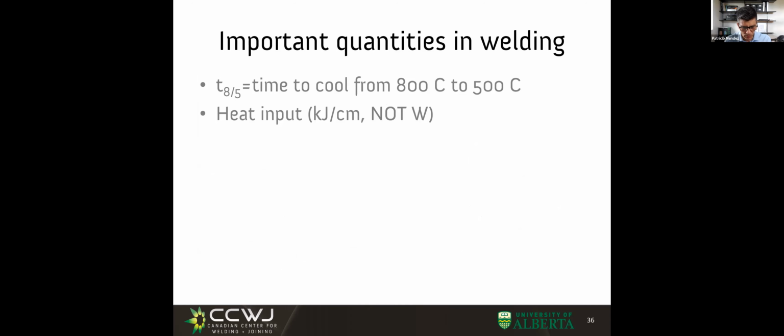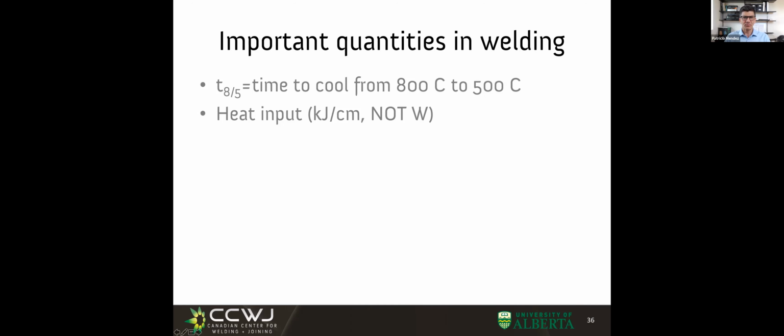I want to dwell very briefly on two important quantities. These are two terms used in welding, which we'll be using a lot when we get quantitative, studying the mechanisms of welding. One is called T85, and this T85 is a concept that applies only to steels. It's the time to cool from 800 degrees C to 500 degrees C. The reason they pick those two temperatures is that the austenite decomposition, nominally in the iron-carbon phase diagram, is at 727 degrees.